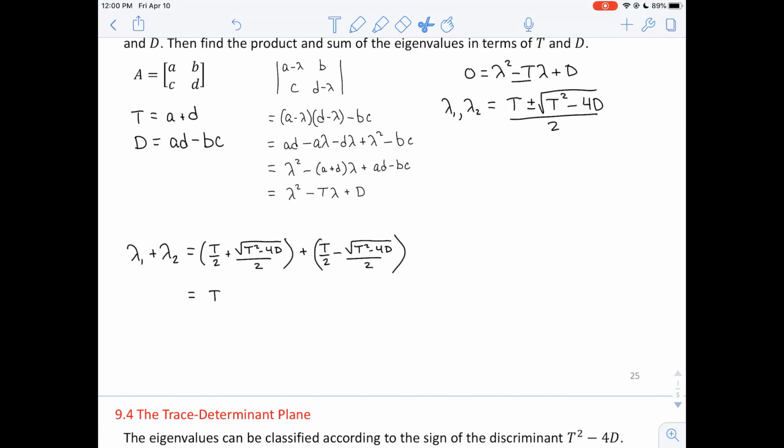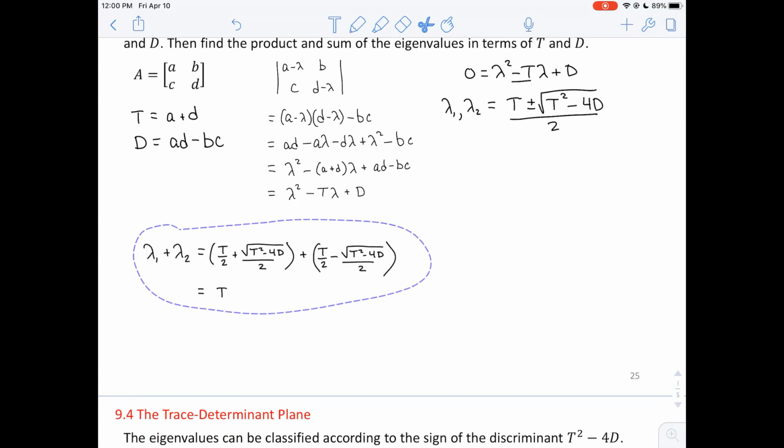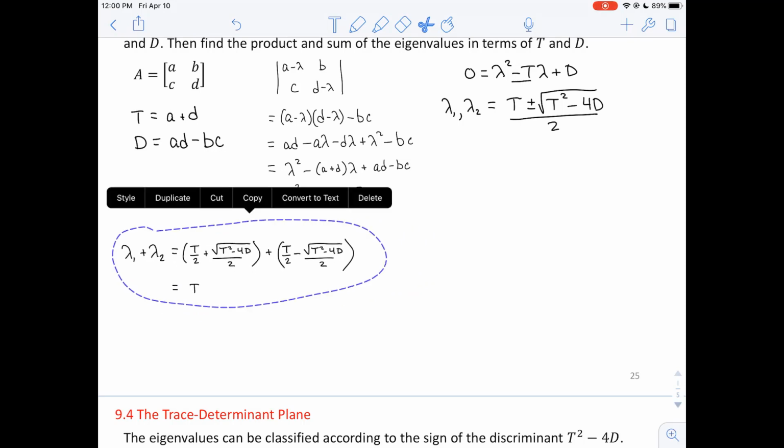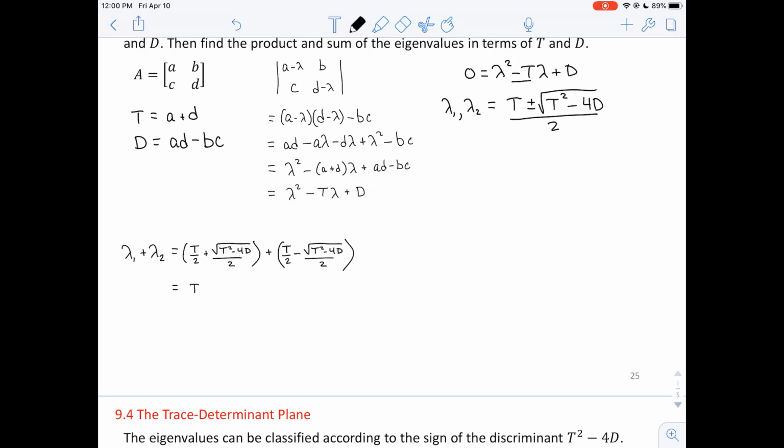Now let's do the product. And let me make that a little bit smaller, put it right there. And let's do the product next. So we're going to do lambda 1 times lambda 2. So I'm just going to take these two expressions. Let's copy that, put it here. But we're going to multiply instead of add.